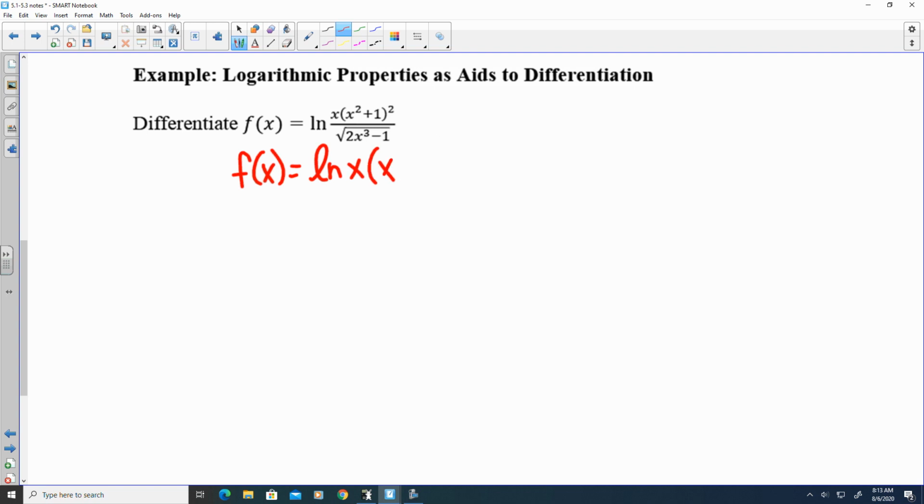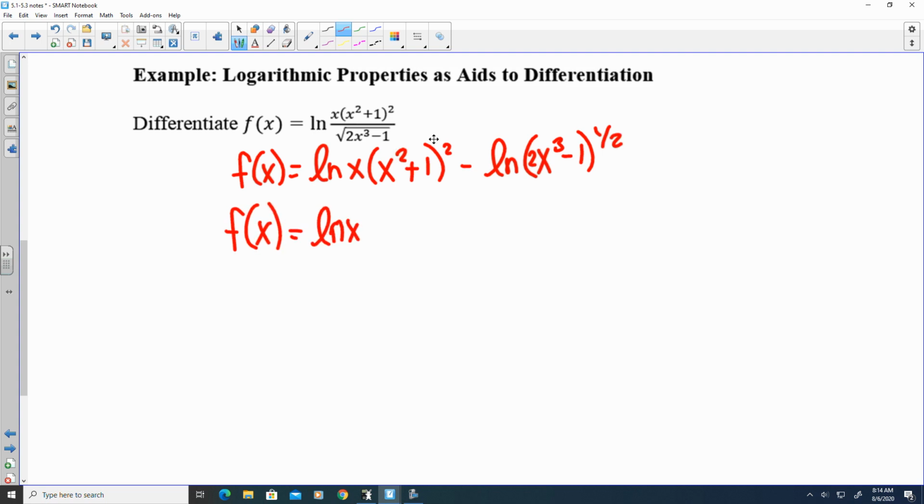The top versus the bottom will be split using subtraction. The first half is going to be split again using addition. And I'm going to bring that 2 down right away as well. And then the second half, that 1/2 comes down.